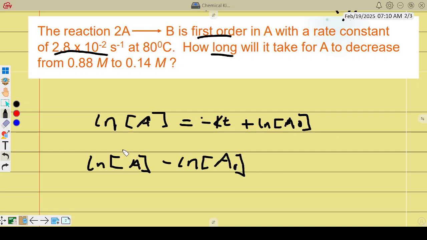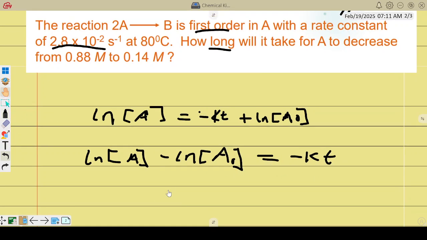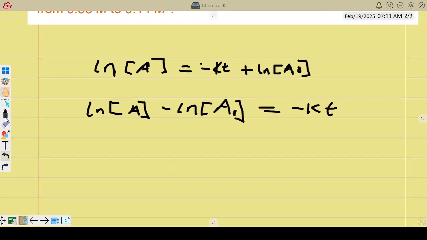This will be equal to negative kt. So we can make t the subject of the formula. We'll simply say over negative k.